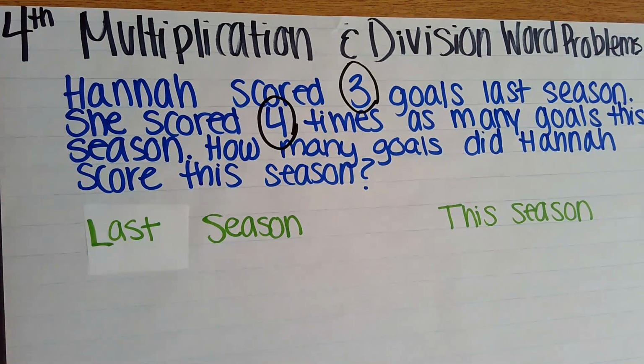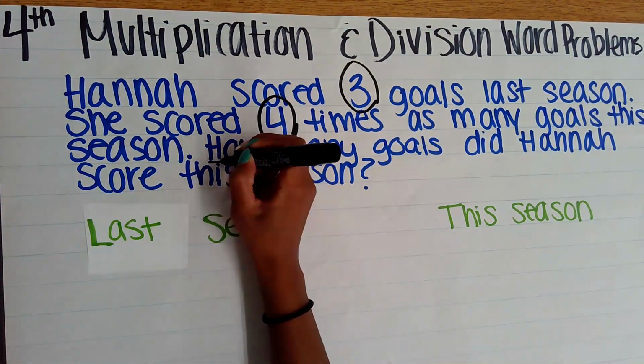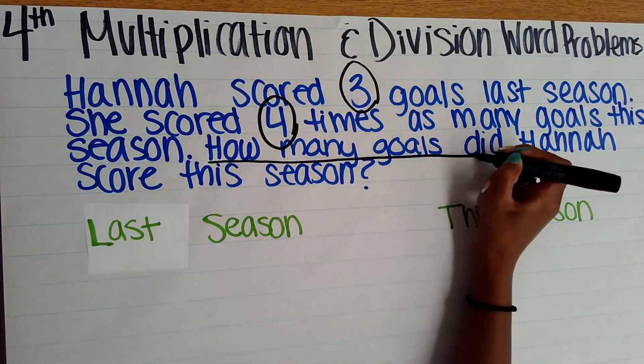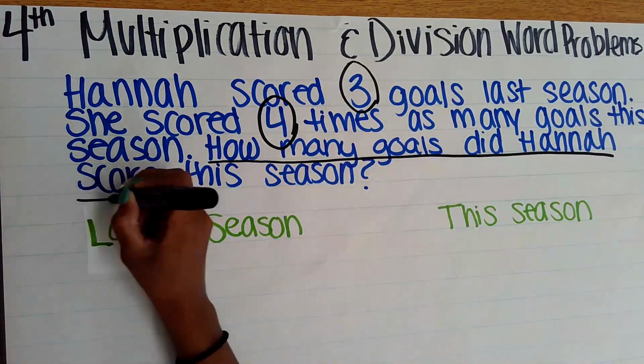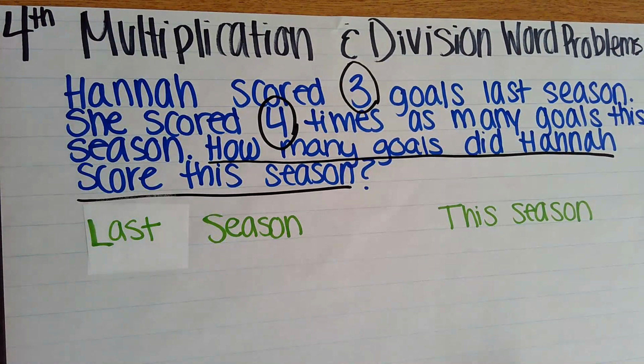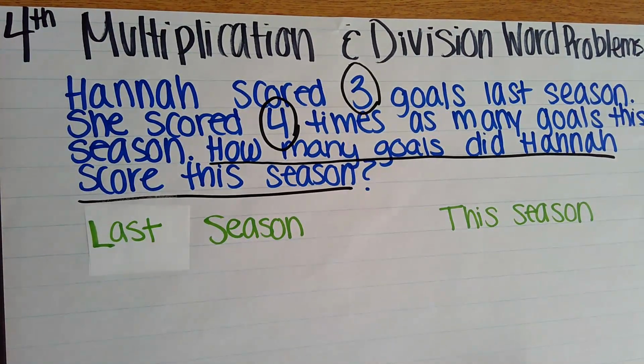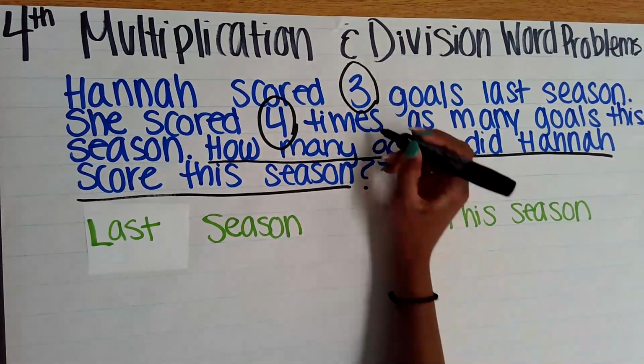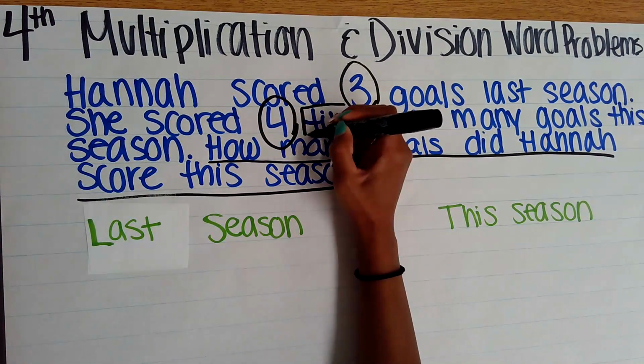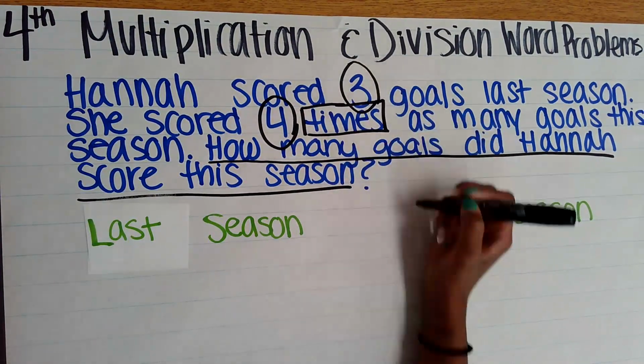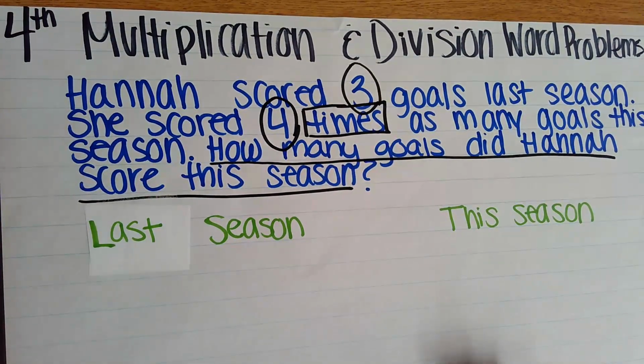I want to then underline my question. So it's asking me how many goals did Hannah score this season? Then I want to go back and I want to box my clue words. So I see times after my 4 to let me know I am going to be using multiplication.